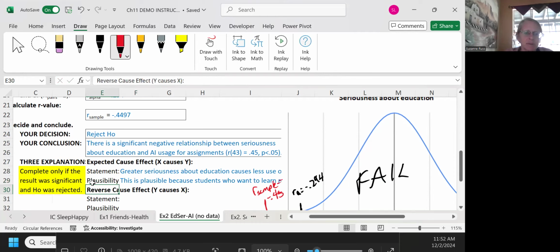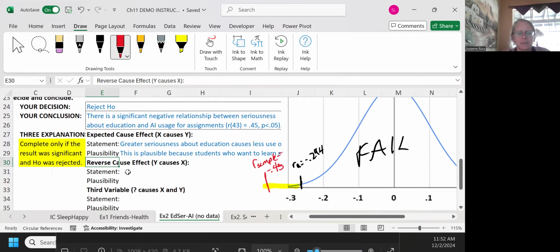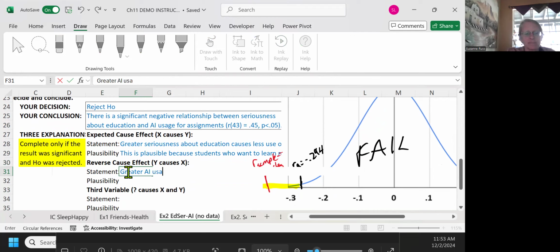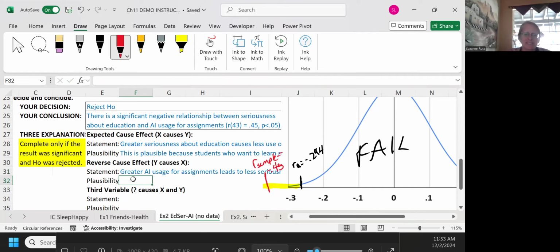So next we have to see, but remember, that's not necessarily the way it works because it's just a correlation. There could be a reverse cause effect. Let's reverse those two variables and put Y first: greater AI usage for assignments leads to less seriousness about education. I don't know, this one seems a little more like a stretch to me, but I think it is plausible. All right, yes, this is plausible.